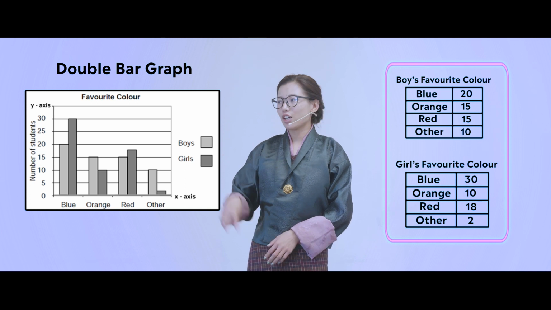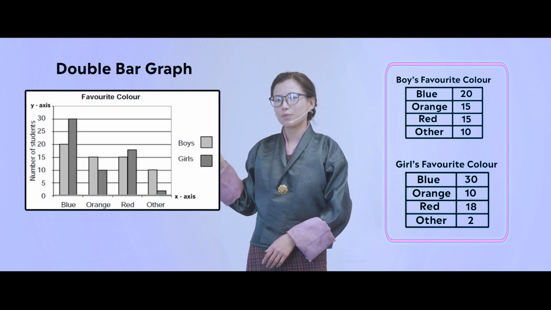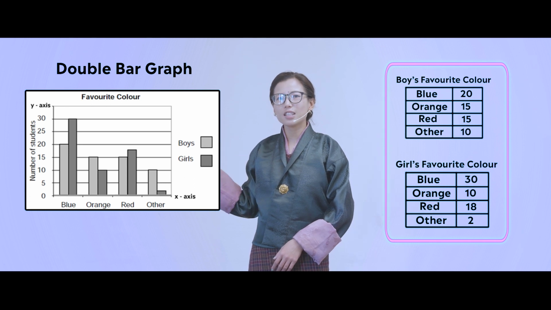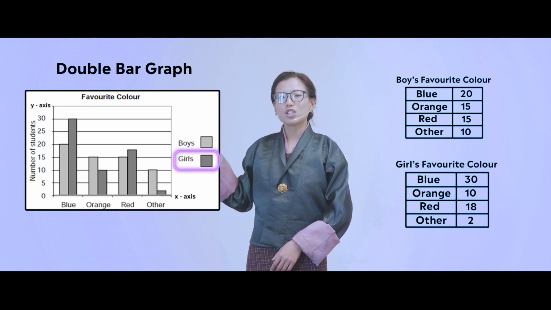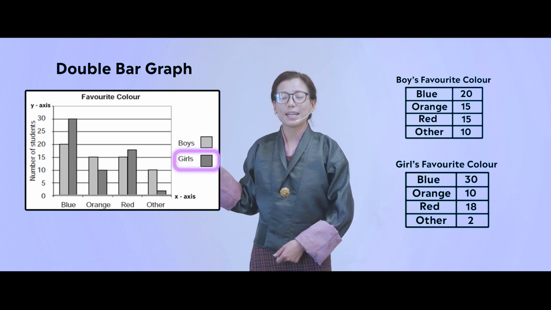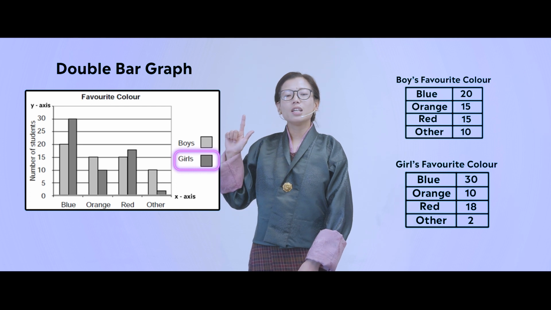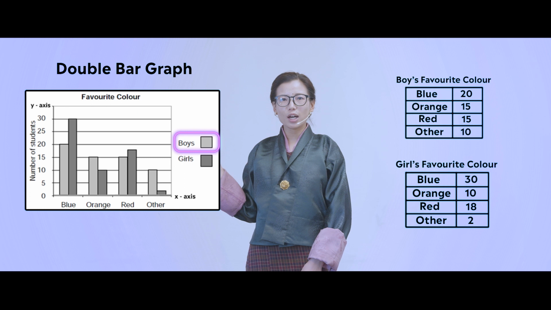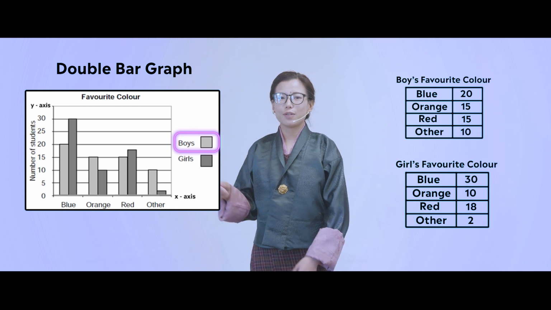You can see there are two colored bars here, the lighter colored one and the darker one. The darker shaded bars show the number of girls who chose that color, and the lighter shaded bars show the number of boys who chose that color.